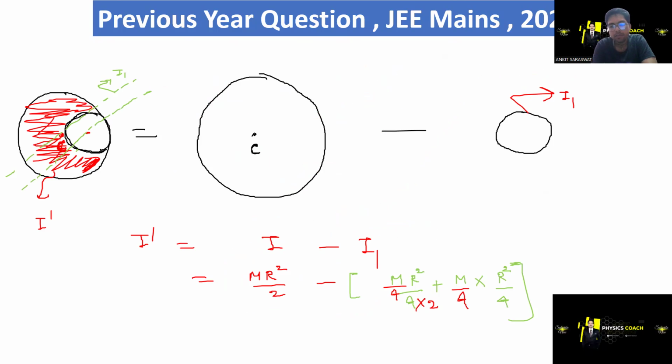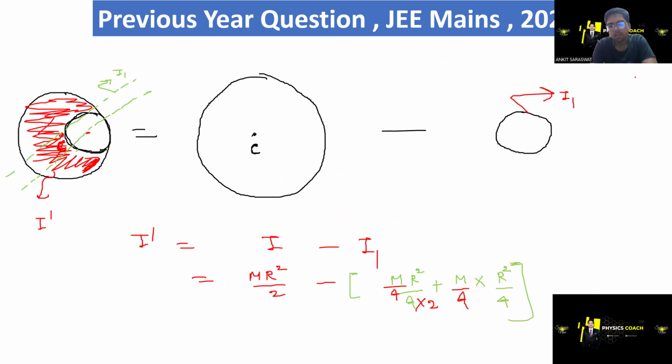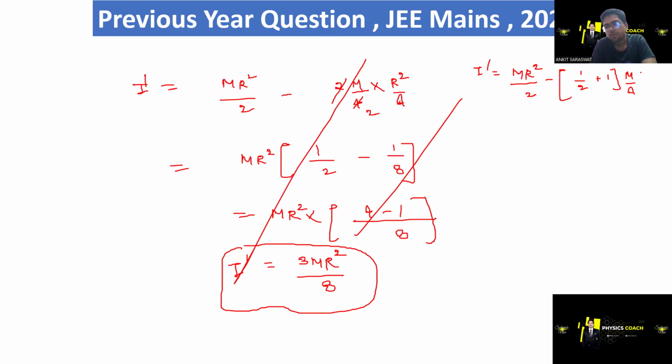We can take common. Inside will be how much? 1 by 2 plus 3 by 2, 1 by 2 plus 1. And outside will be m by 4, and r square by 4. Now we can take mr square by 2 common. Inside is 3 by 2, so it will be 16.